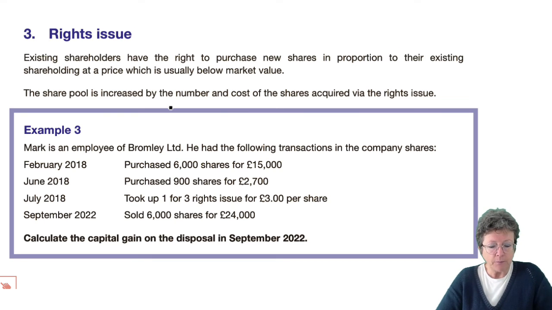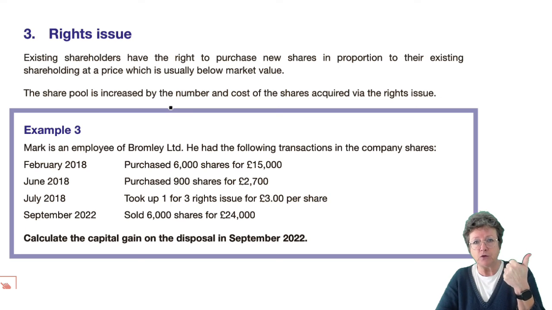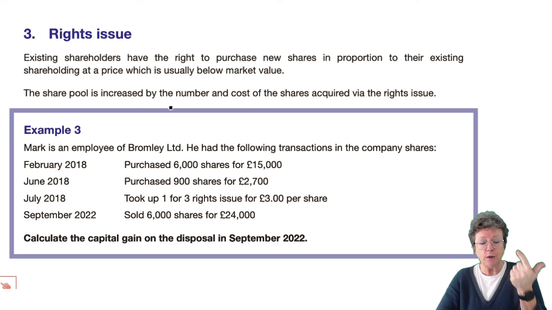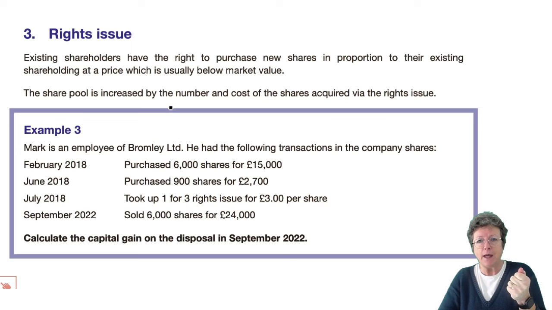Mark, an employee of Bromley, had the following transactions. So in February 18, he bought 6,000 shares for £1,500. In June 18, he bought 900 further shares. And then in July, he took up a rights issue, 1 for 3, and each share was £3 per share. And then he sold some shares.